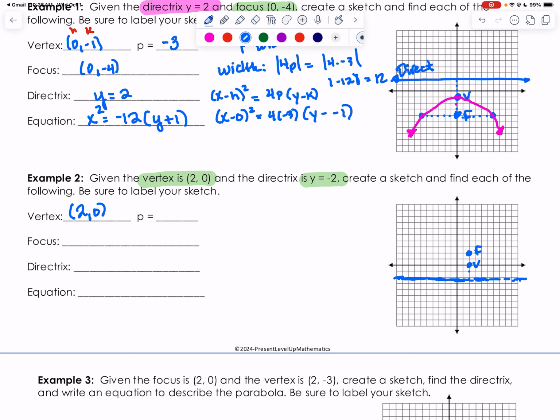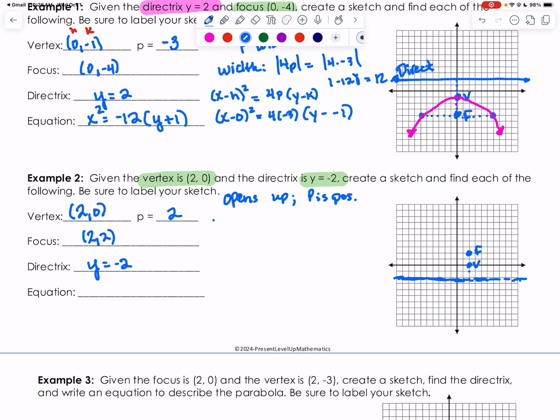Now remember, the parabola will open towards the focus. So that means this parabola opens up, which means P is positive in this case. So the value of P would be +2. Now our focus point is 2, 2. The directrix was given to us, y equals -2.